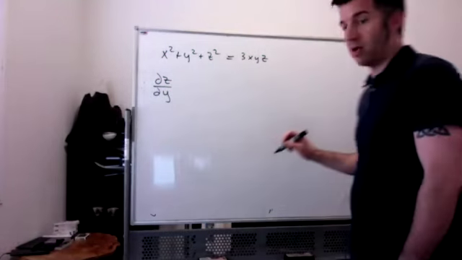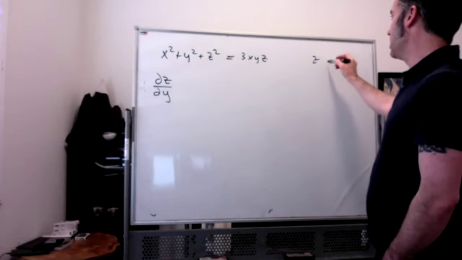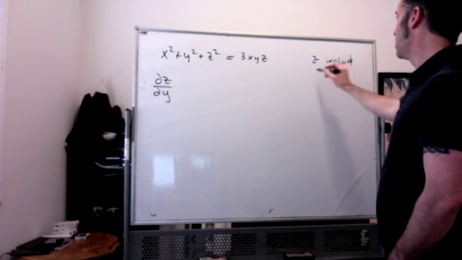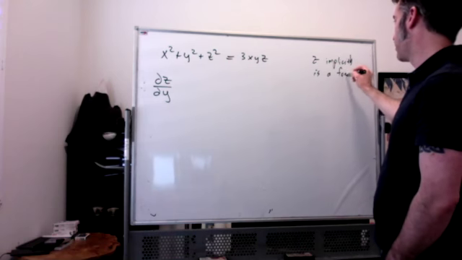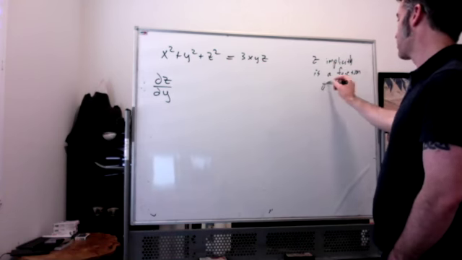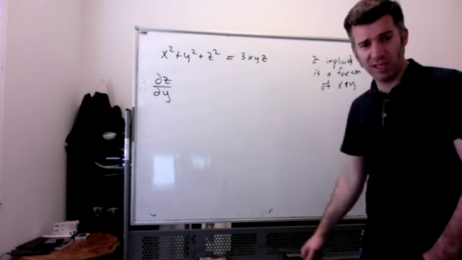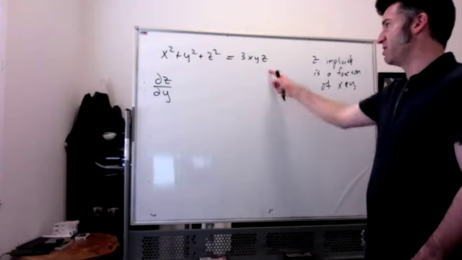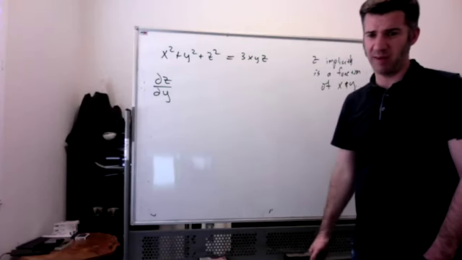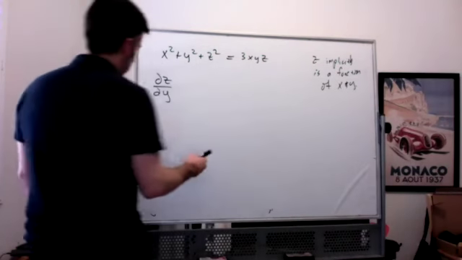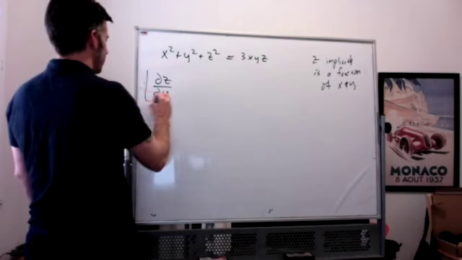What we're saying here is that z implicitly is a function of x and y. I can't really solve for z here. Z squared, it's going to be kind of big. It might be possible, but I don't need to.